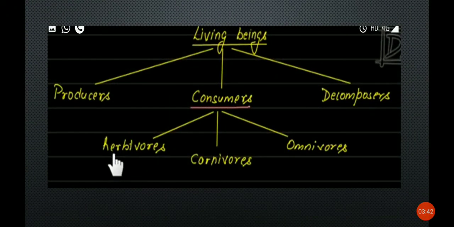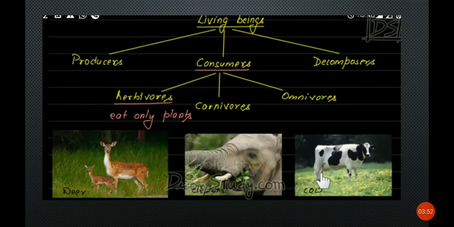Next, in the consumers there are 3 types: herbivores, carnivores and omnivores. What are herbivores? Herbivores means animals that eat only plants. Such animals are called herbivores.